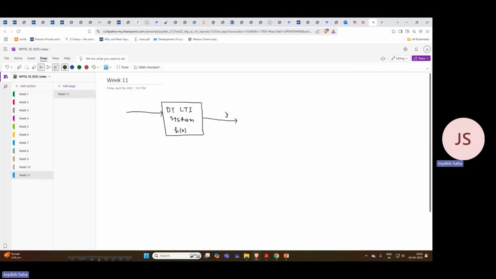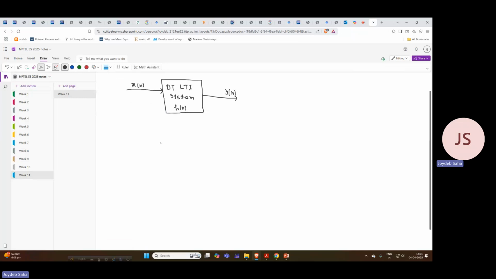This is output y of n. This is input x of n. Fine. So y of n will be x of n convolution h of n.